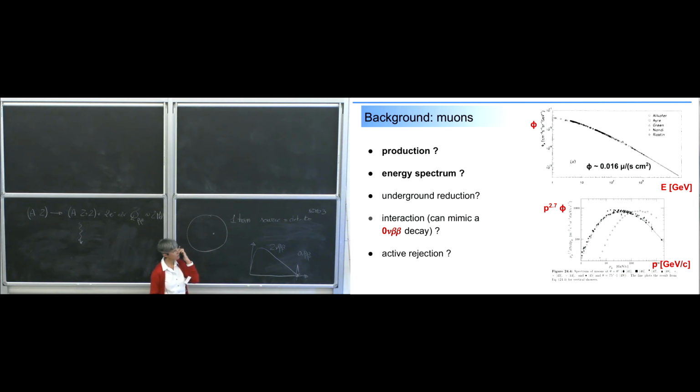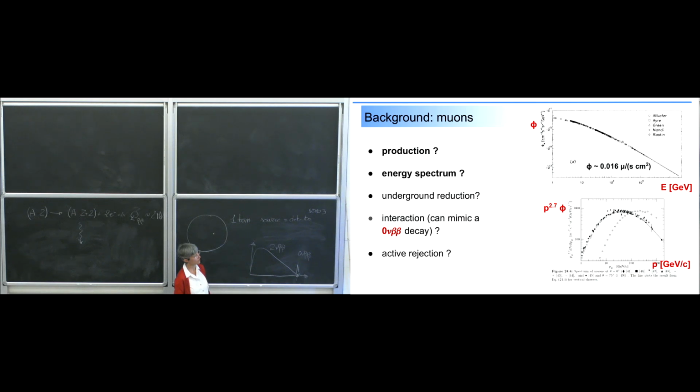Here you see the spectrum of muons at sea level. It is the flux versus energy. There are two plots. One is really the flux versus the energy, and the other is a way that maybe you have already seen in the field of cosmic rays in order to enhance particular structure in this spectrum.